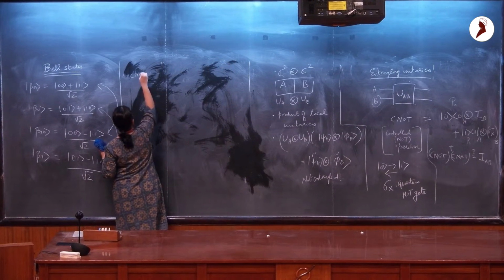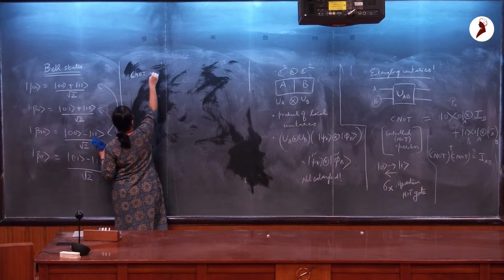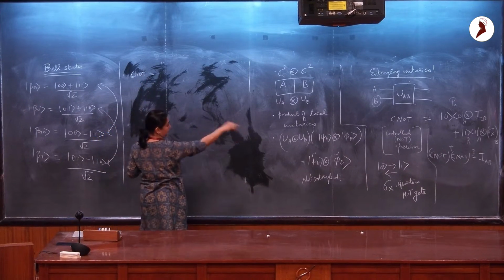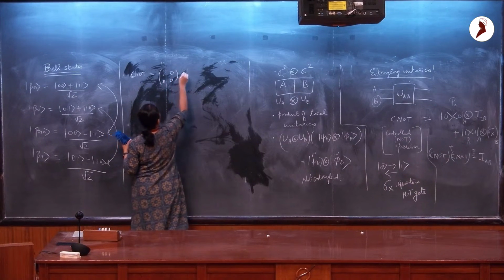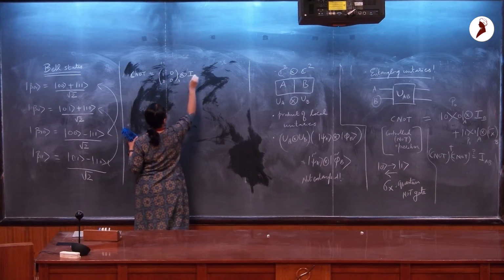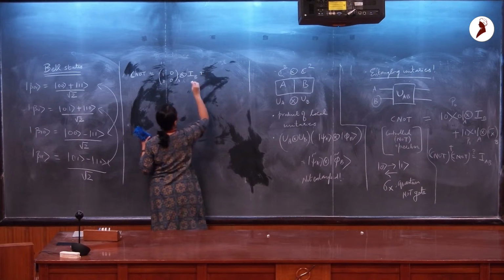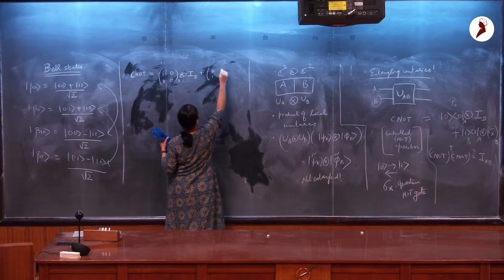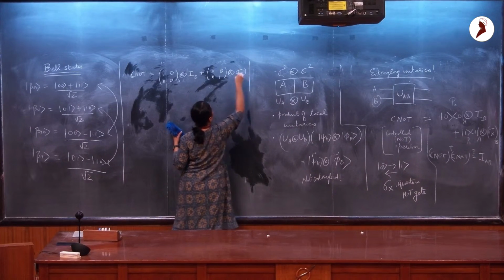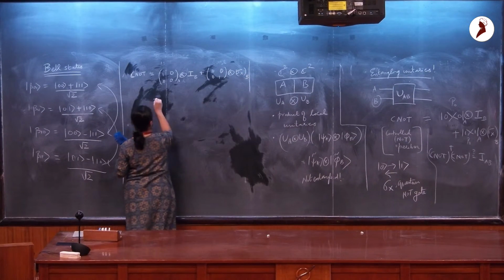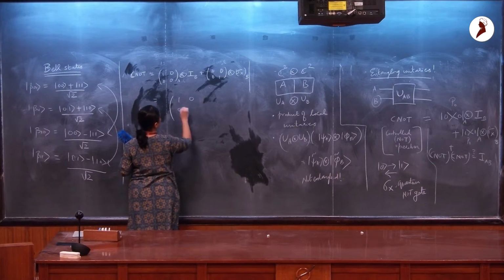So what does this C0 operation look like? The projection on 0 is simply this matrix, right? And the projection on 1 is this matrix. So this gives me a matrix of this form.